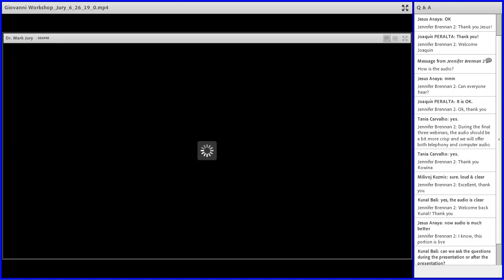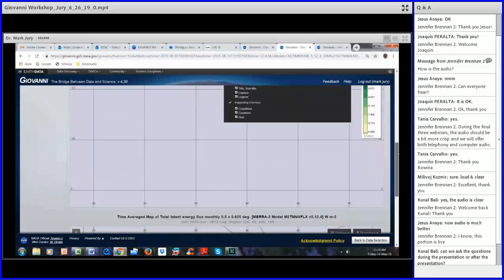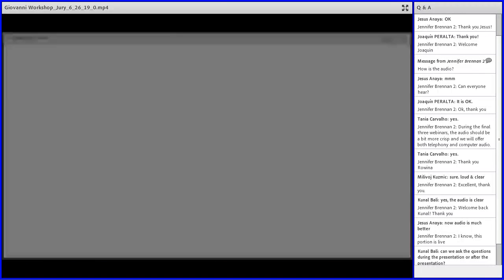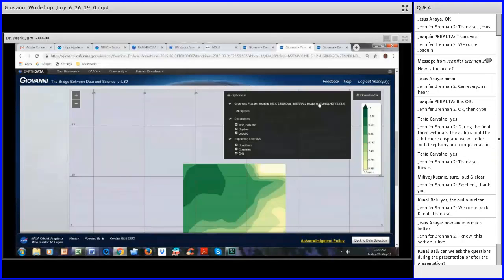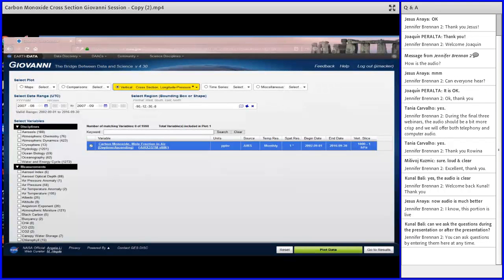And so now you'll see the vertical profile there of carbon monoxide. We're going to be looking at some other information on this, using AIRS data, I believe. Yeah, now this is the vertical slices.